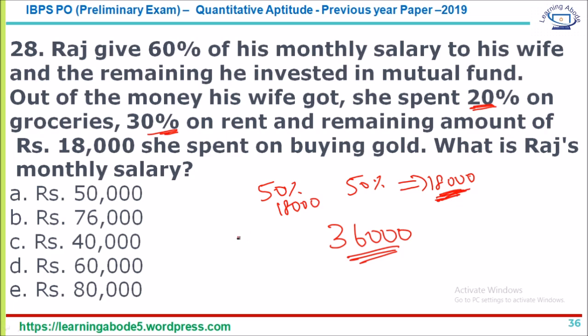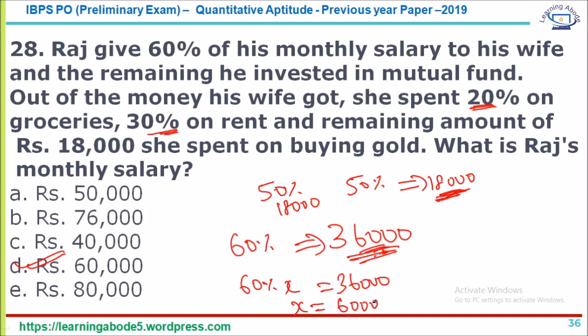So Raj gave 60% of his money to his wife, 36,000. So 60% is 36,000, so the full money is 60,000. That is, 60% of X is equal to 36,000. What is X? That is how I am calculating. So X is 60,000.